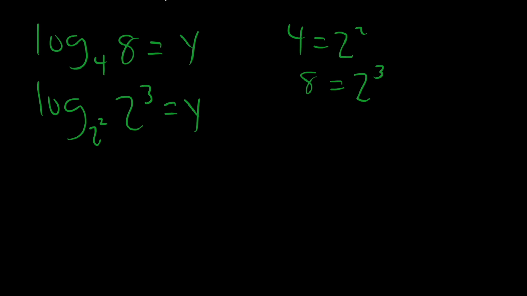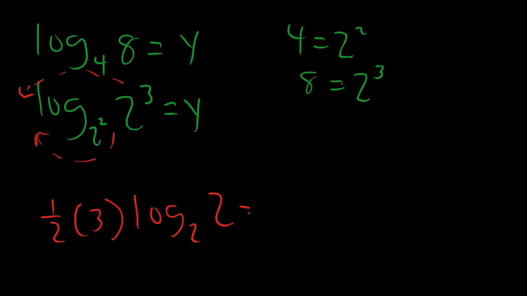Now we can take 2 to the front and 3 to the front. So 1 over 2 times 3 times log base 2 of 2 is going to be equal to y. And here is going to be equal to 1. So y is going to be equal to 3 over 2. Right.